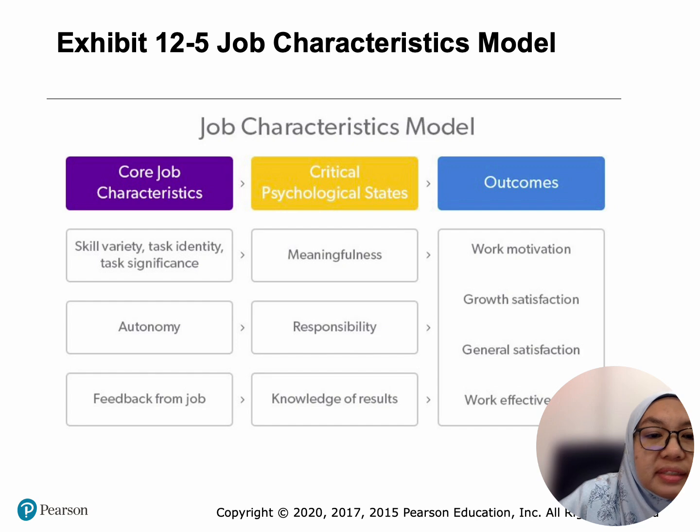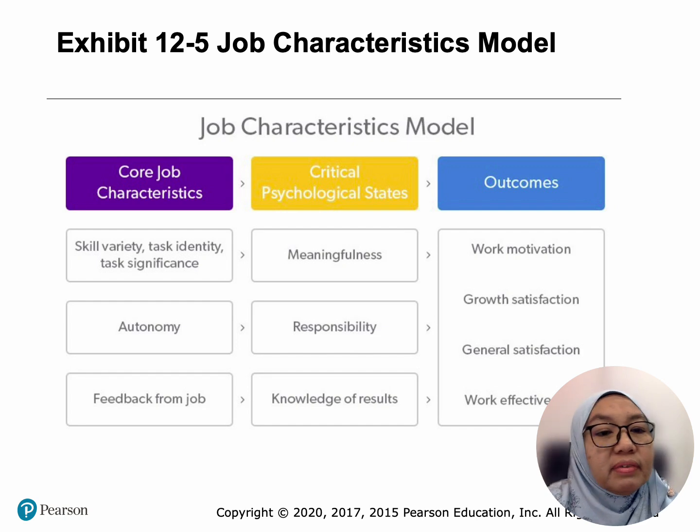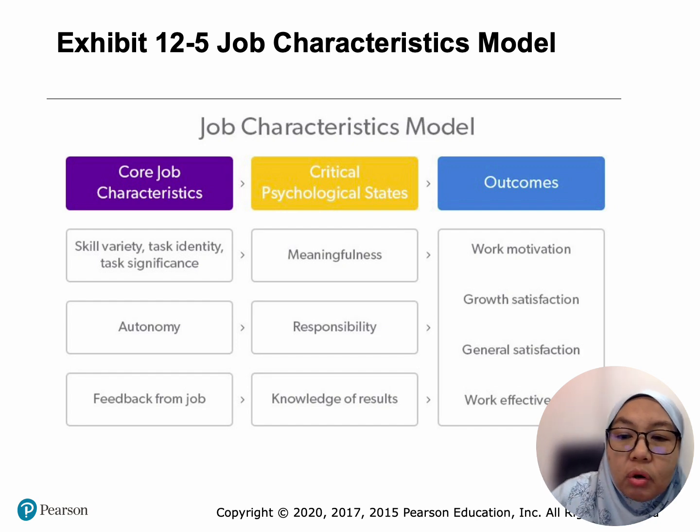The second one is task identity, which is the degree to which the job requires completion of a whole and identifiable piece of work. Task significance is the degree to which the job affects the lives or work of other people.